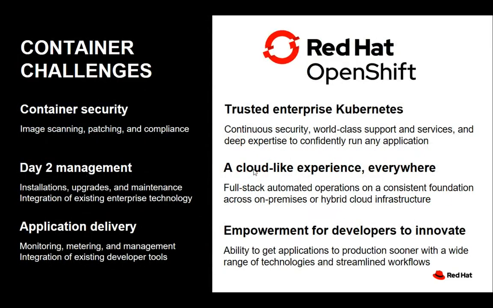So let's look at the offerings of Red Hat OpenShift. Red Hat OpenShift runs on the trusted enterprise Kubernetes, gives you a cloud-like experience everywhere, and it empowers the developers to innovate faster. And Red Hat OpenShift also provides you container security, installation, upgrades, maintenance, and faster application delivery, right?